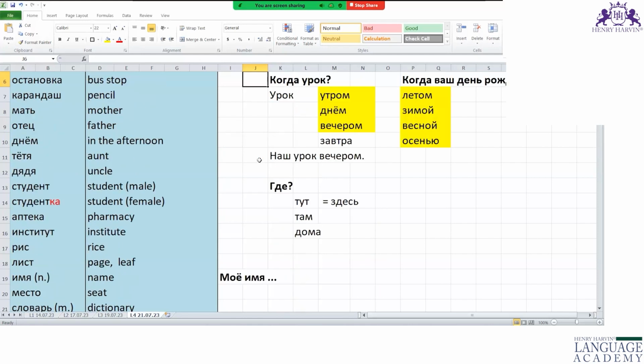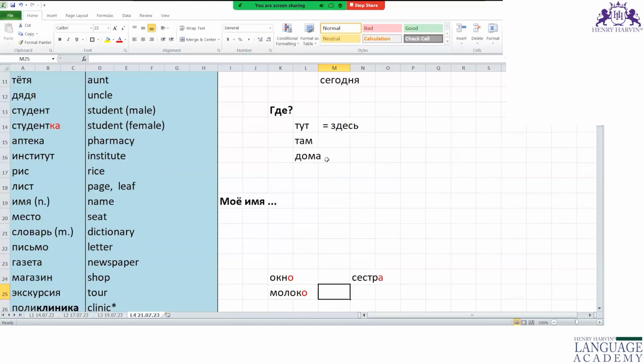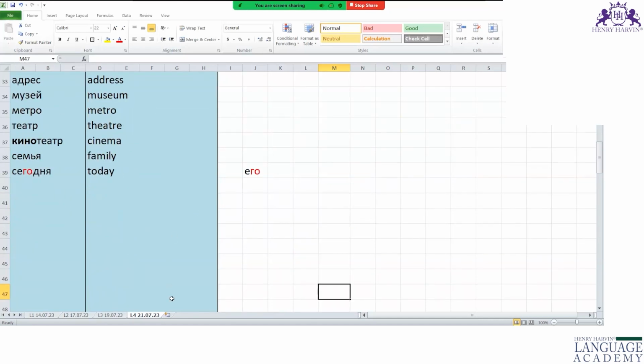And we can add here: когда урок? Урок сегодня. We can also say today in the evening. Урок сегодня вечером. The lesson is today in the evening.